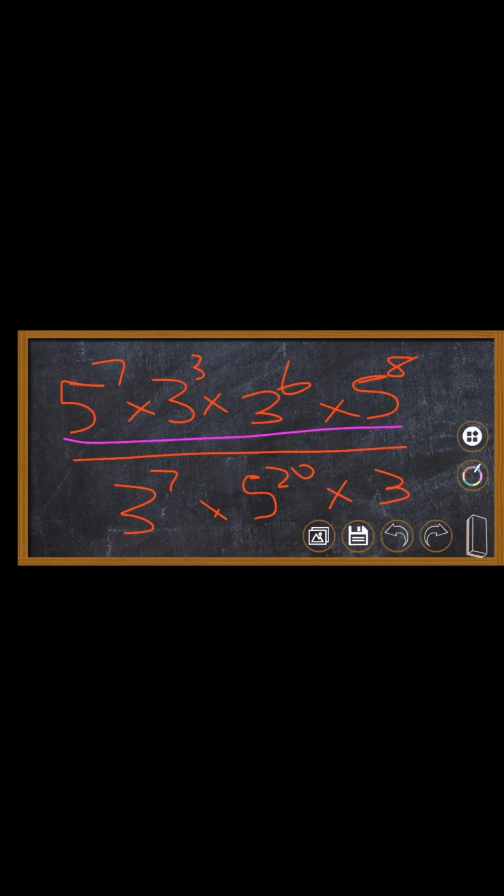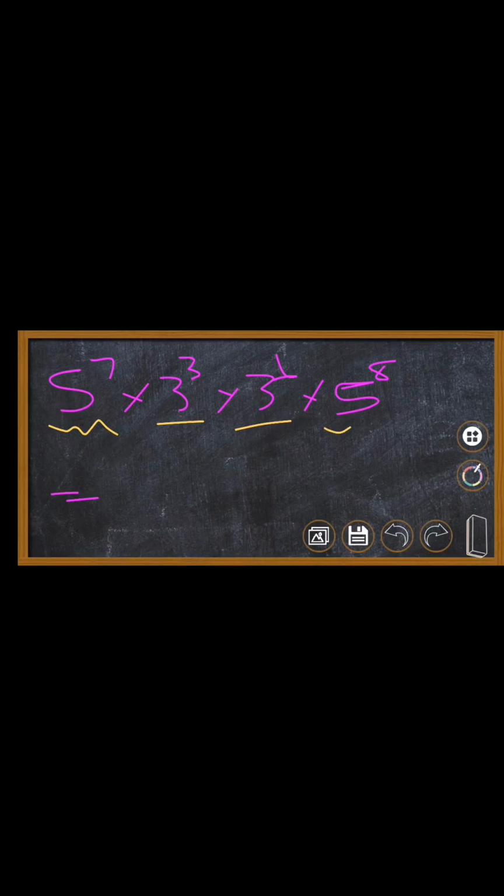So let's clear everything and then we're going to look at the top part, which is 5 to the power of 7 times 3 to the power of 3 times 3 to the power of 6 times 5 to the power of 8. If we simplify that using different colors, this and this match, this and this match.